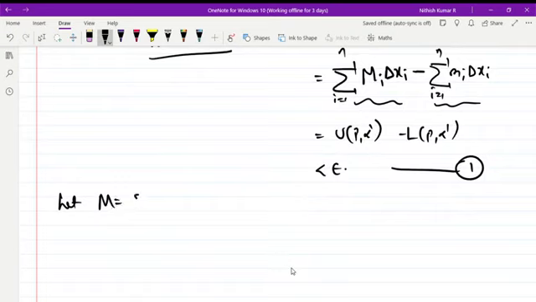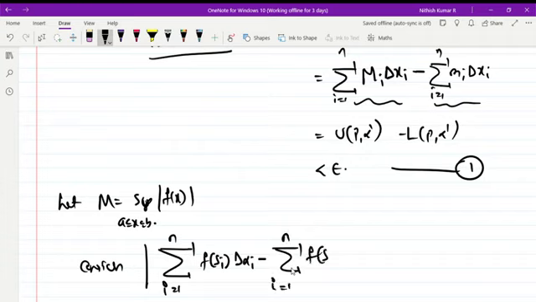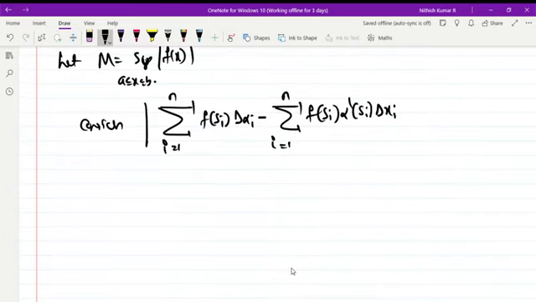Now let M be the supremum of modulus of f of x, which exists since f is bounded on closed interval a comma b. Now consider modulus of summation i is equal to 1 to n f of si delta alpha i minus summation i is equal to 1 to n f of si into alpha dash of si into delta xi.